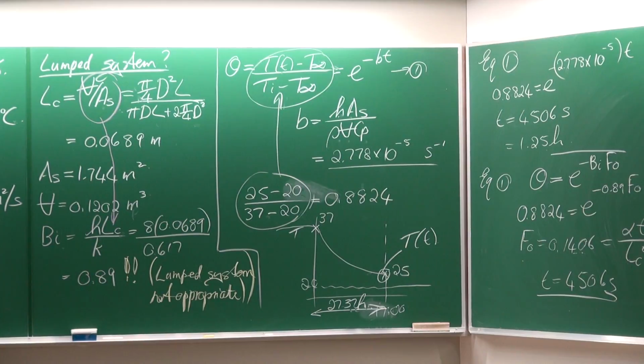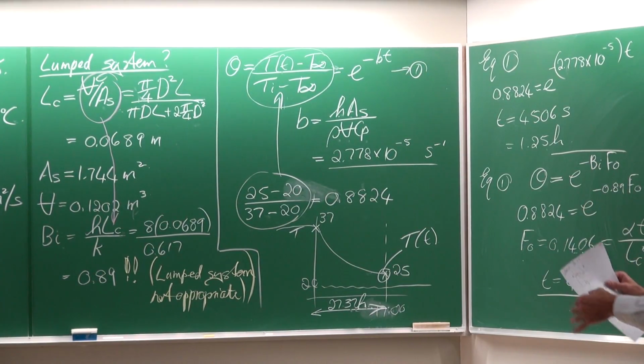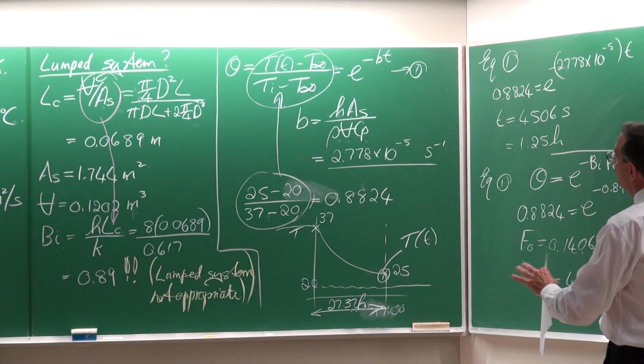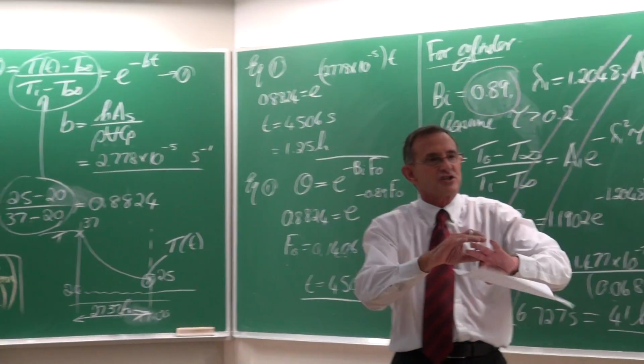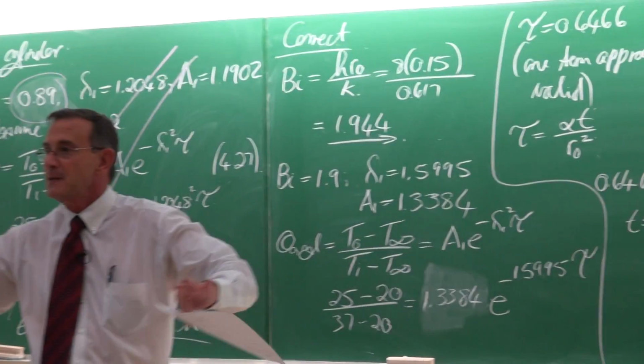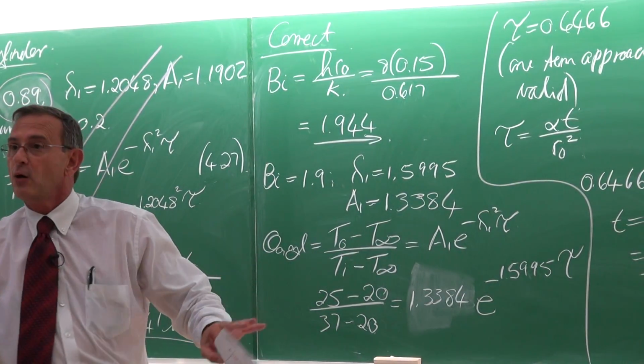Nothing. Now remember, we are still busy with the first order approximation, in terms of the tools available to us. So in terms of the tools available to us, we can see the lumped system approach is not going to work. Then we're going to say, well, let's assume it is a cylinder. And what was wrong with our assumption?